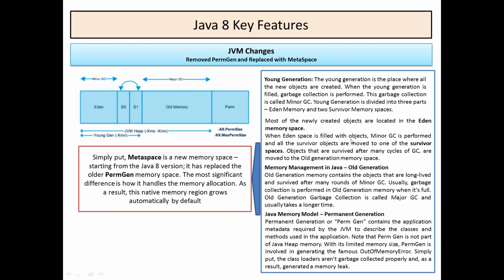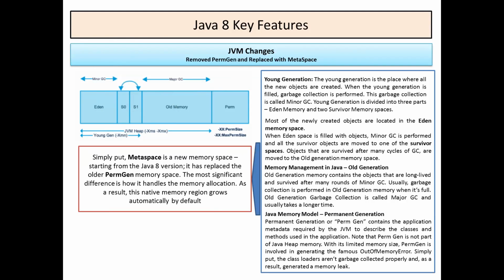Say the GC comes here and sees whether the object is being used. Yes, it is being used, so it will not release it, it will keep it. The second time it comes, the object is still being used, so it will still keep it.